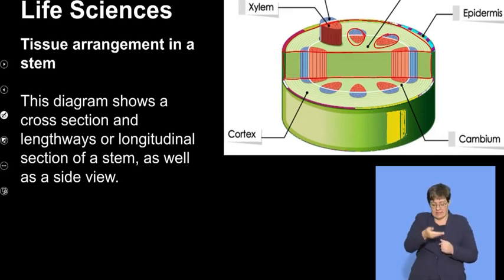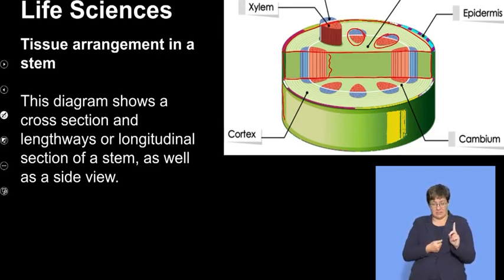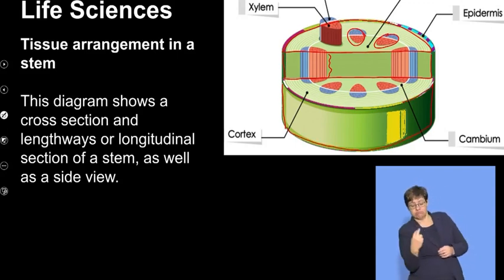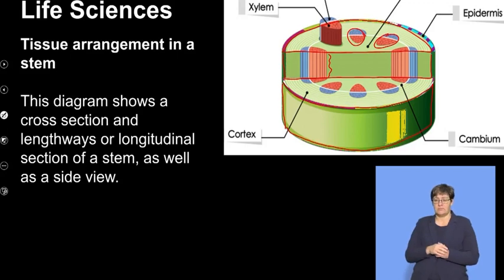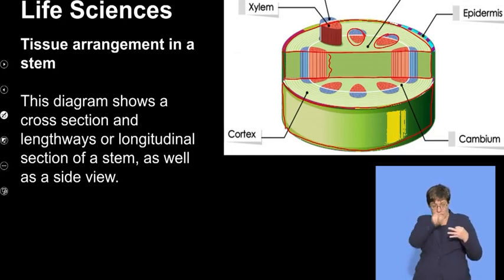So here you are looking at the xylem vessels from the side. So this is called a longitudinal or lengthways section. Then, looking at the cell from the outside is called a side view. So this diagram shows us three different views of the arrangement of tissues in a stem.